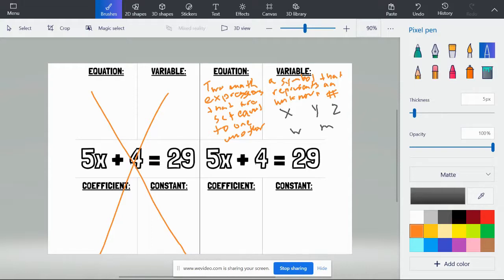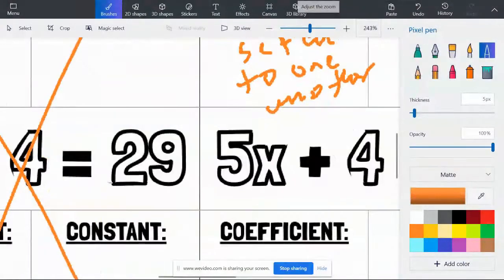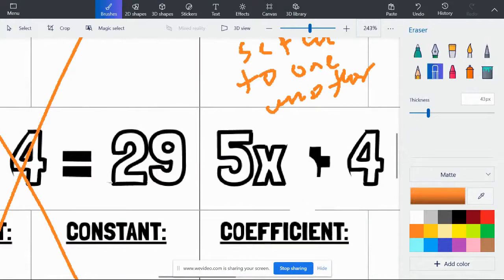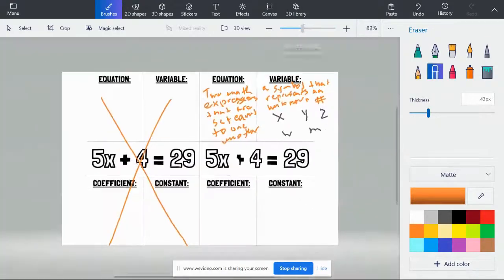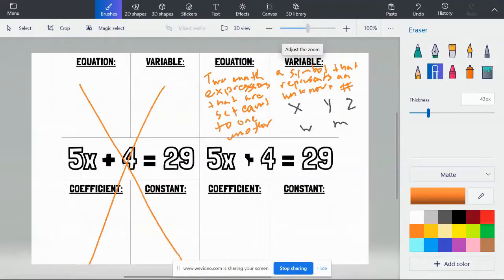Okay, a coefficient is the next one. And a coefficient is going to be a number used to multiply a variable. I'm going to try to zoom in. Not that much. Oh gosh, okay, that's not working. A coefficient, there we go.